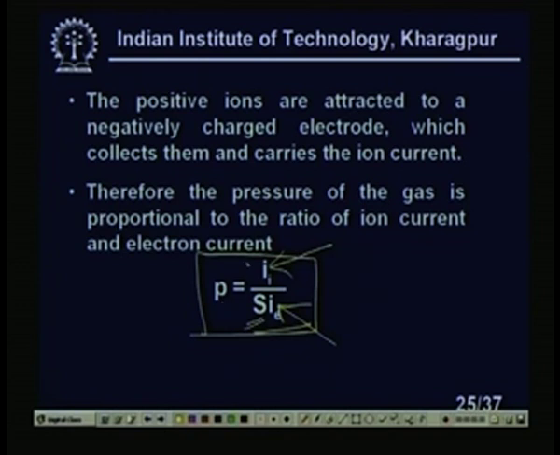So, if the pressure decreases, the ion current I_I also will decrease. If the pressure increases at that low pressure region, you cannot give it some 100 psi there, right. As the pressure increases, this current will increase because there are more number of molecules.